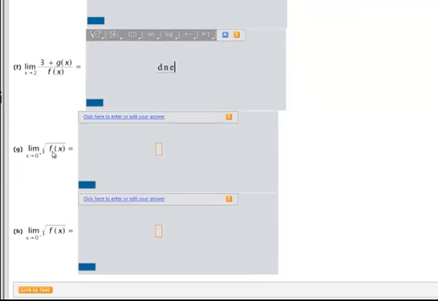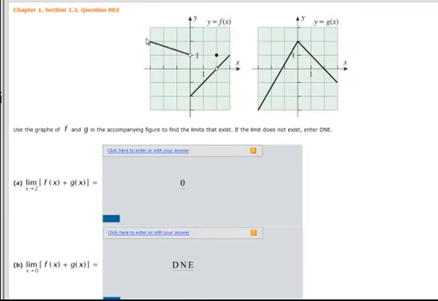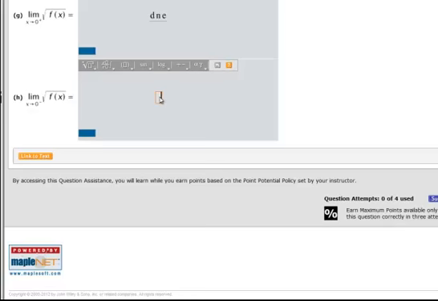So you're going to have the square root of negative 2, which doesn't exist. And now the square root of f of x as x approaches 0 from the negative side. Now we're coming in this way. That appears to be 1. And the square root of 1 is 1. So there's 1 for that one.